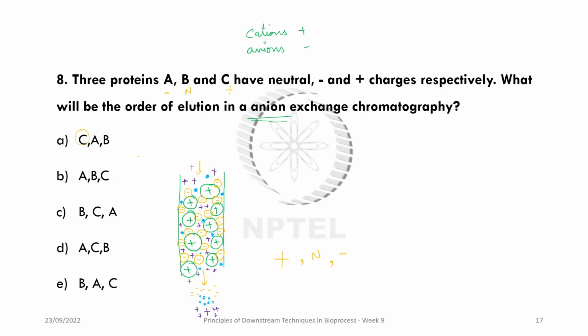So anions are going to come last. Great. Ha! Nobody pointed this out. Neutral, negative, and positive. This is neutral, this is negative. So C is your first option, followed by neutral, which is A, followed by negative, which is B. So CAB is the right answer. Clear?